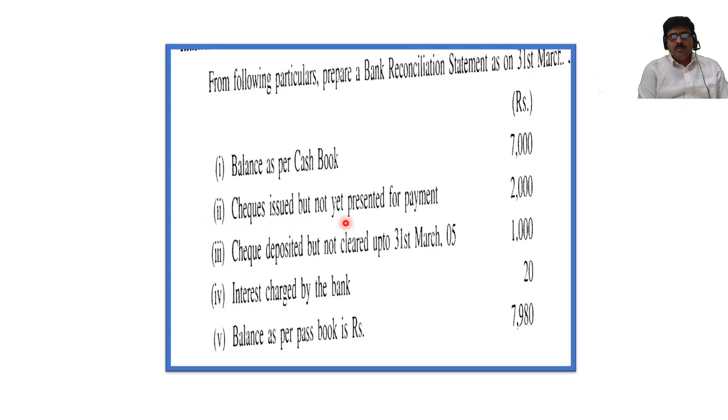Checks issued but not yet presented for payment 2,000. Check deposited but not cleared up to 31st March 2005 1,000. Interest charged by the bank 20 rupees. Balance as per passbook 7,980 rupees.